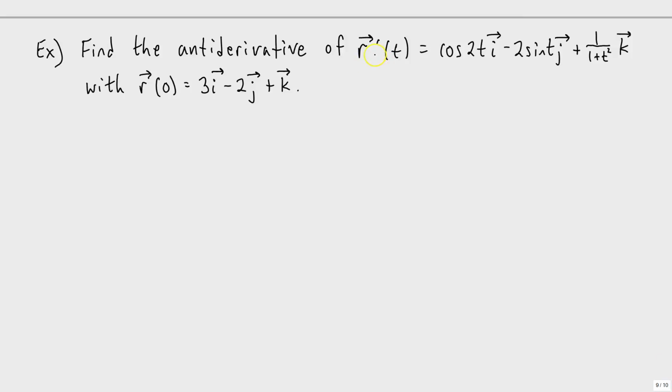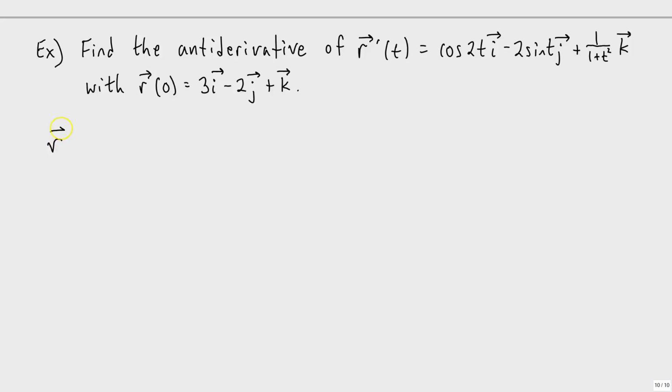So say we have the derivative of some vector r and we want the antiderivative, and we know that the original function r evaluated at 0 is this particular vector. So it's basically doing something similar to a differential equation with an initial condition.